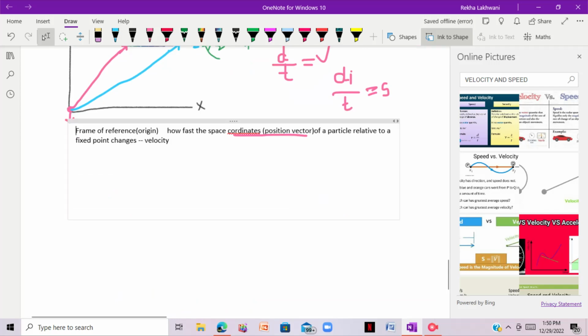Basically, average velocity is the total displacement upon total time.